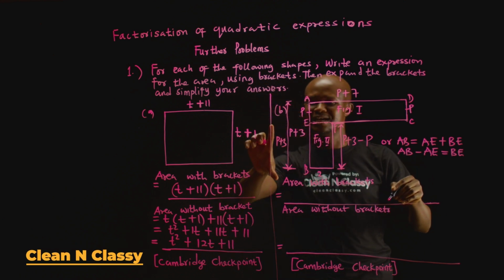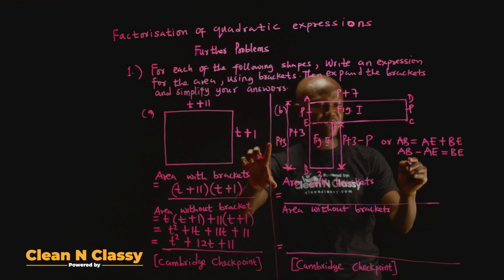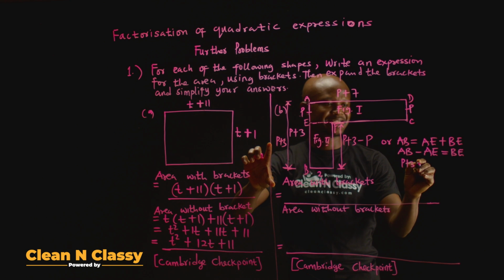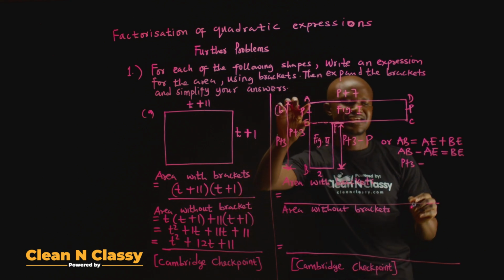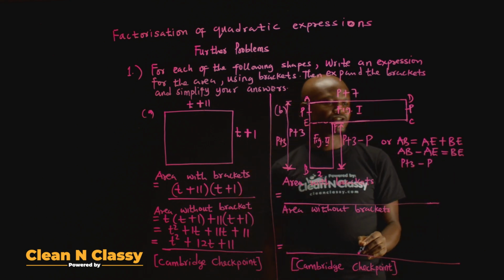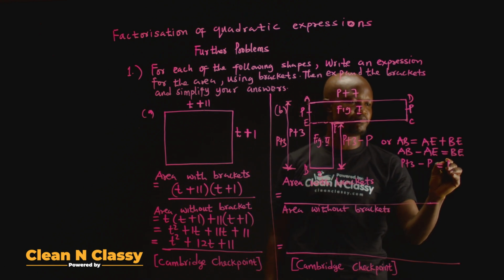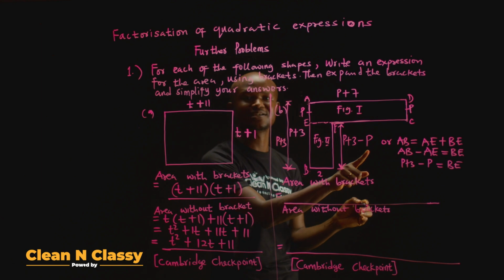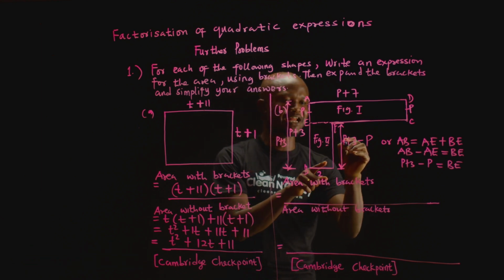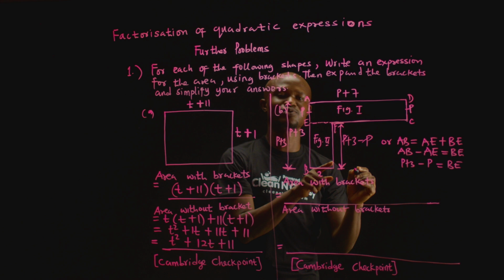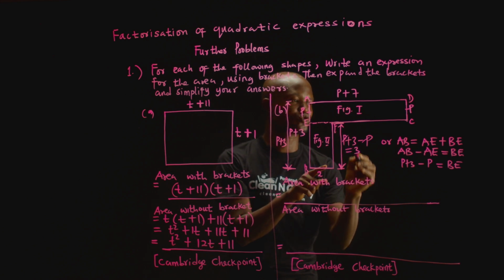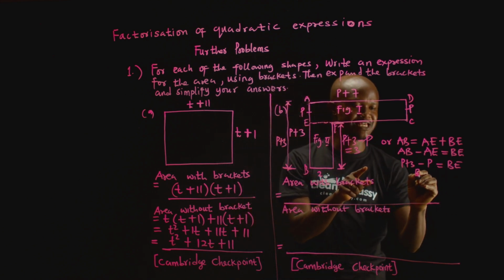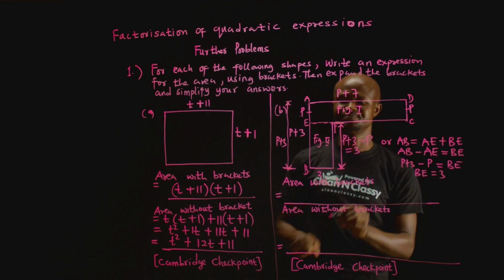What is AB? AB is P plus 3. What is AE? AE is P. So BE equals P plus 3 minus P, and that's what we are looking for. P minus P is 0, so this is equal to 3. It means that BE equals 3.